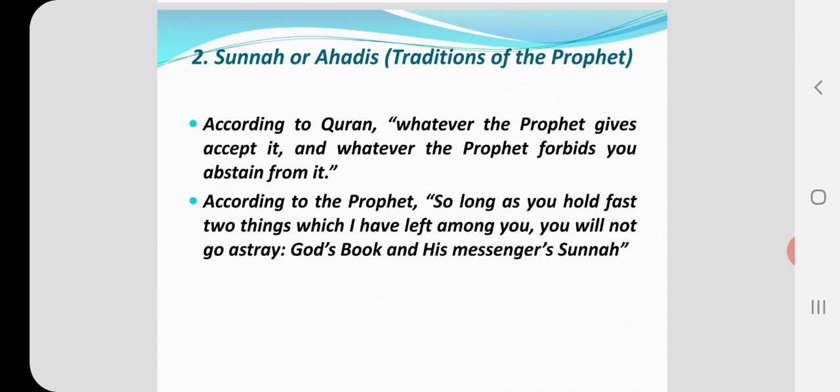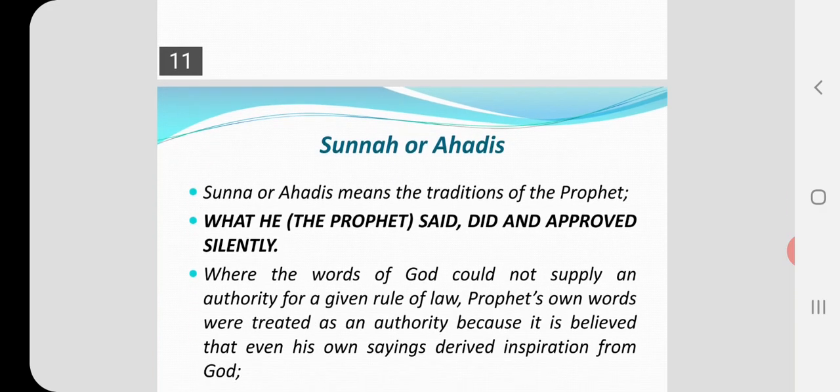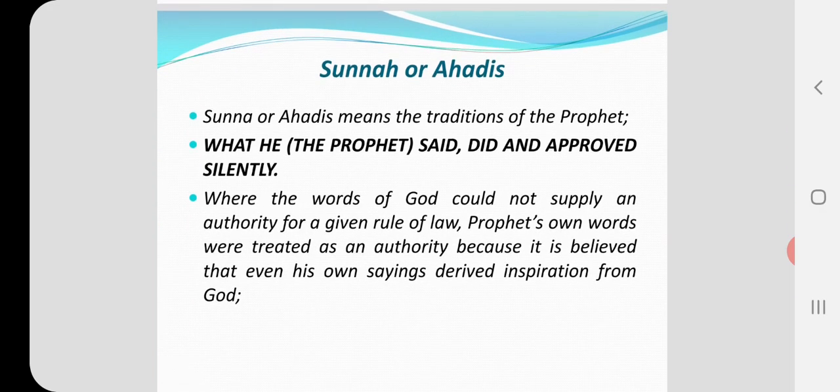While addressing his followers, he said that if you hold fast two things, you will not go astray, which I have left among you. And what are those things? The book of God, which is Quran, and his messenger's Sunnah. That means Sunnah comes just after the Quran. So from these two statements, one from Quran, the other from Hadith, it becomes very clear that Sunnah is the second source of Muslim law.